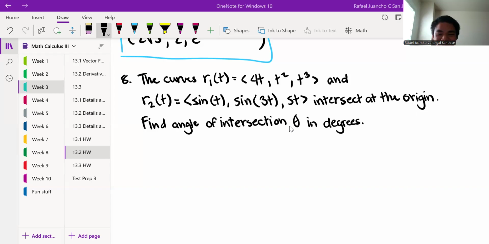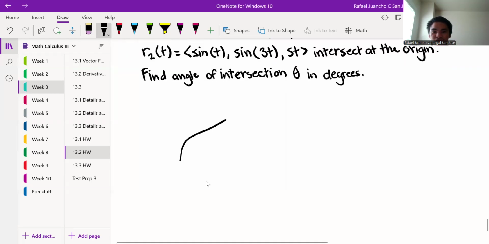But anyways, degrees or radians in angle. Okay, so I guess what we can do here is find their parametric equations, maybe. Oh, another way we can look at it. We have a curve, we have another curve. They intersect at the origin.